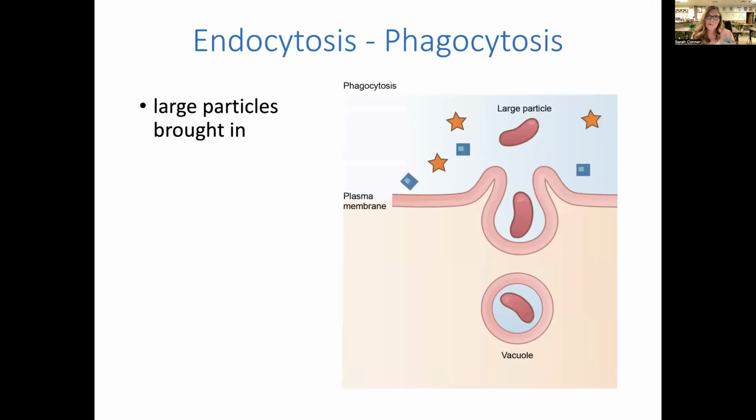When we're looking at endocytosis, one example is phagocytosis. This is where large particles are pulled in. This is the cell membrane. It wraps around that large particle, and then it's pulled in with a vesicle, or a vacuole. Then it goes to whatever area of the cell it needs and is released there. So phagocytosis is basically eating.